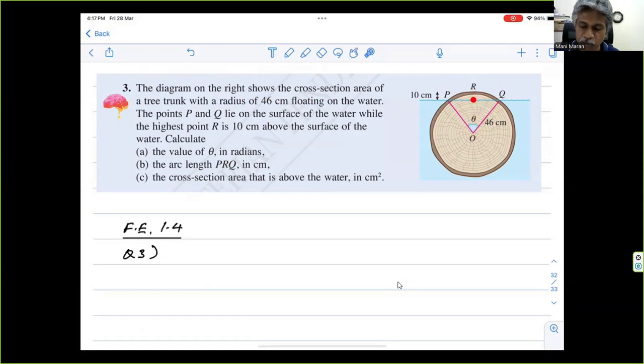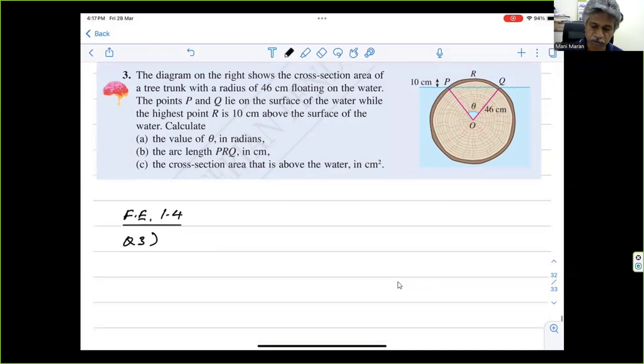So it means we can find the distance from this point to O. If we know the distance from this point to O, and we know the radius 46 given here, then you can use these two values and the cosine formula to find half of angle theta. So that is how we are going to solve part A.